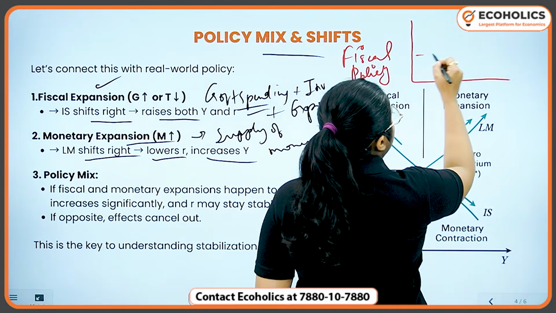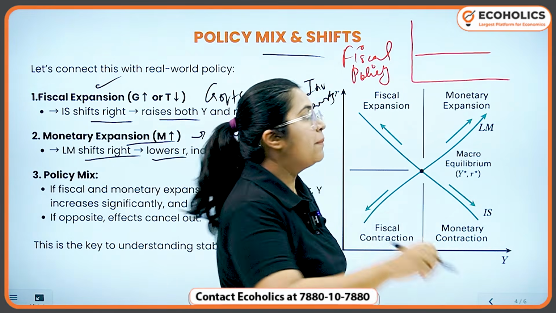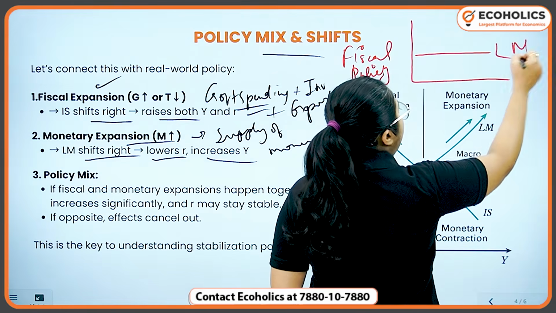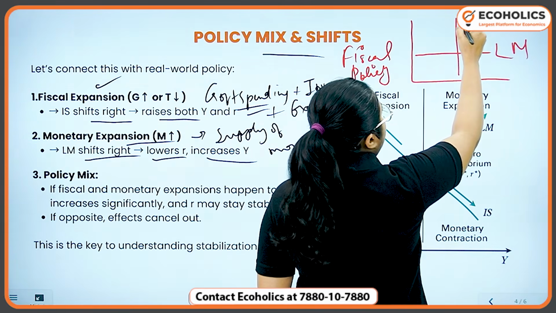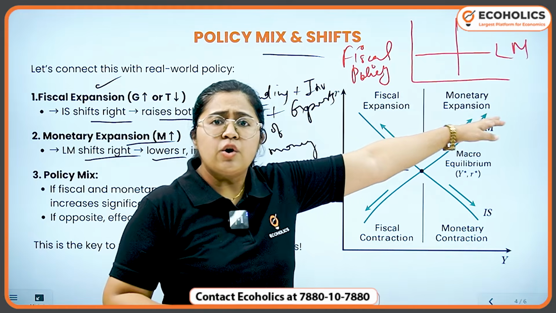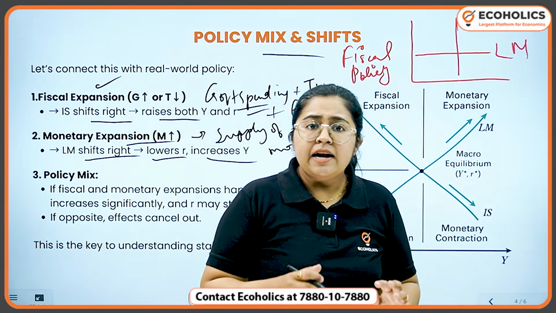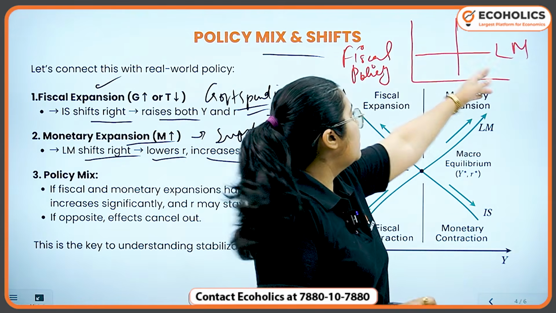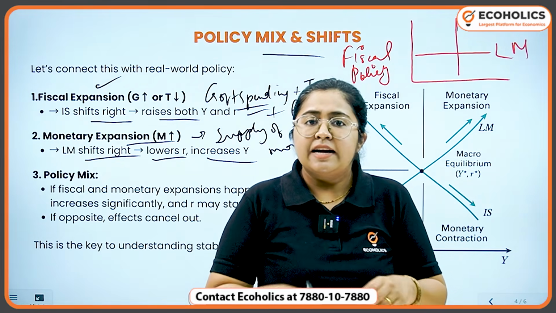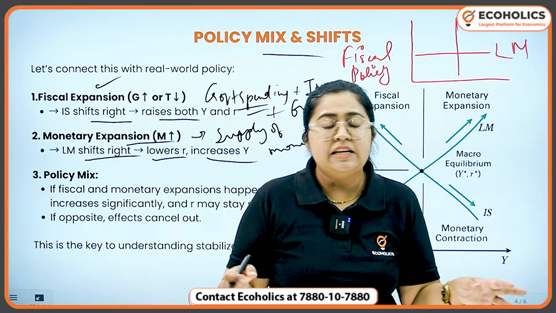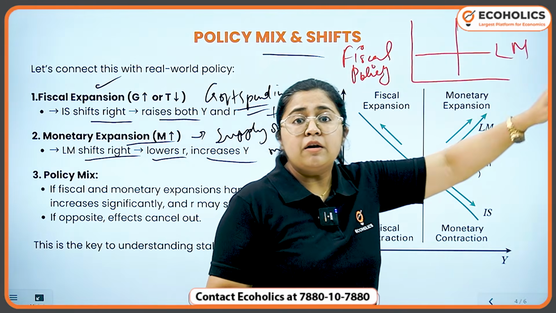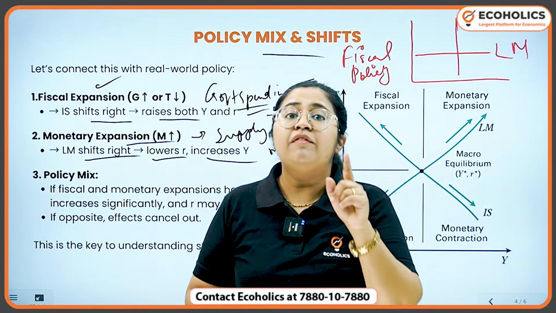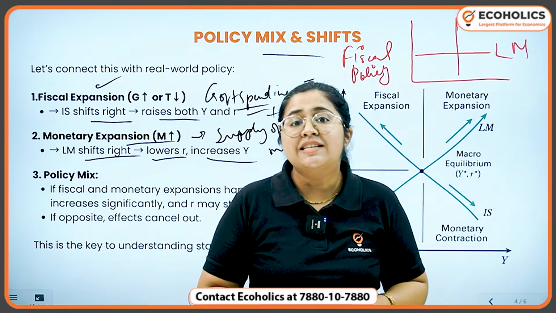When we have the horizontal LM curve and vertical IS curve. What does horizontal LM curve mean? That it is least interest sensitive. The LM curve is not interest sensitive. It has lost all its sensitivity. The horizontal LM curve also showcases the concept of liquidity trap that Keynes had stated.